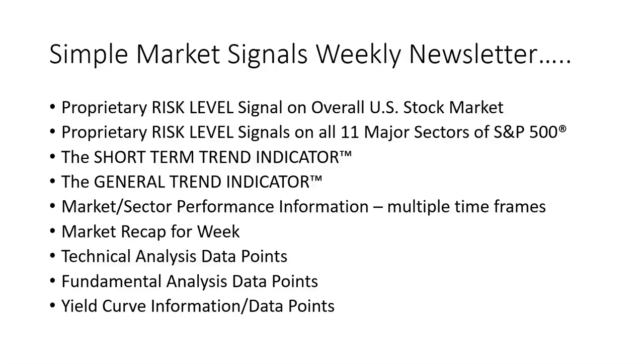You will also receive market and sector performance information over multiple time frames, a recap of what happened in the stock market for the past week, and technical analysis, fundamental analysis, and yield curve information. There is a ton of information every week in the Simple Market Signals newsletter.